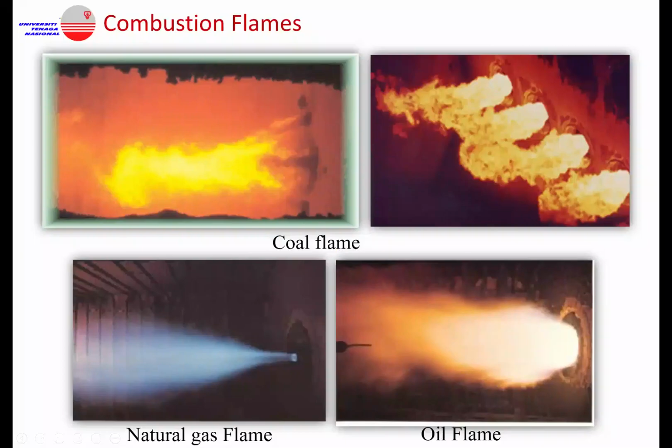It consists of a lot of soot, so if you compare coal flame, natural gas flame, and oil flame, it doesn't look as neat as the natural gas flame. The natural gas flame is very clean, in the sense that there is no soot. Then we have oil flame, which is more or less similar to coal but slightly cleaner.